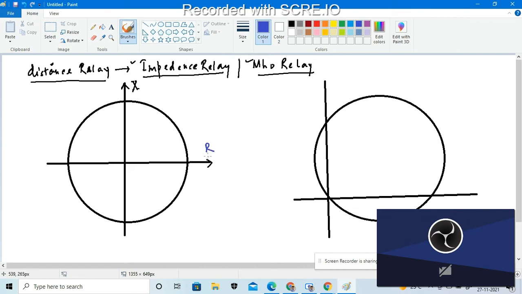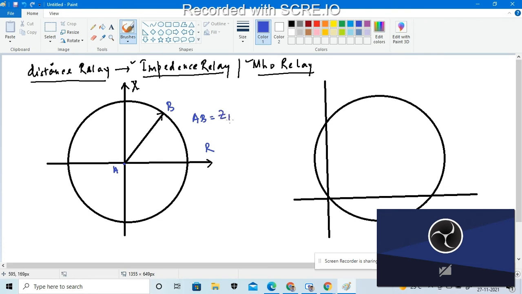These are the two quadrants we have. Under the section AB, this will be my A and this will be my B. Under this section AB, what will be my line impedance?